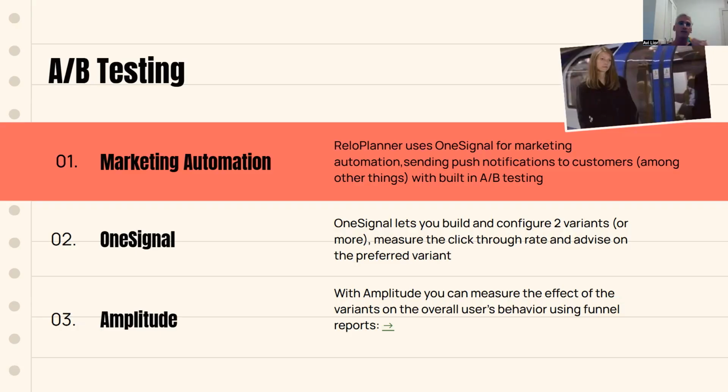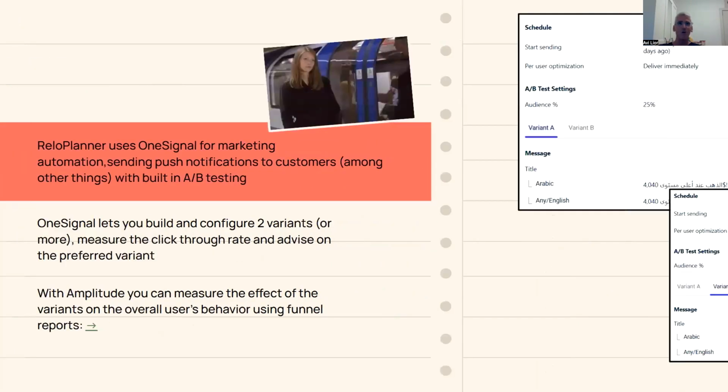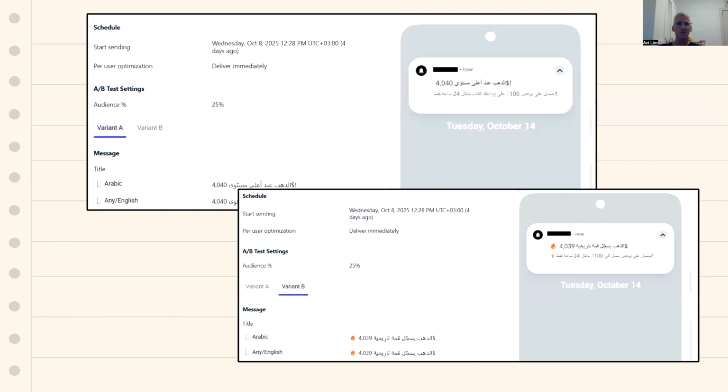You define the messaging, you define who you want the messages to go to, and you do everything in OneSignal. So let's look, for example, how OneSignal lets you build and configure variants of a specific push notification. We're not going to be marketing automation experts at the end of this presentation, but I will be able to make a point here.